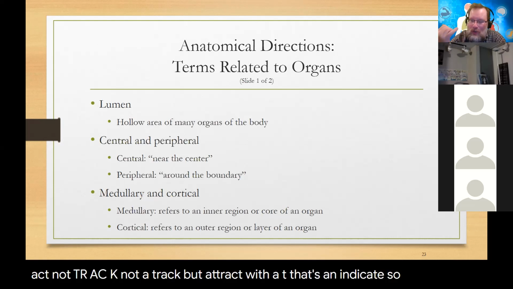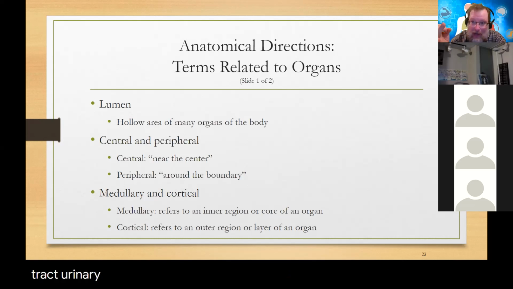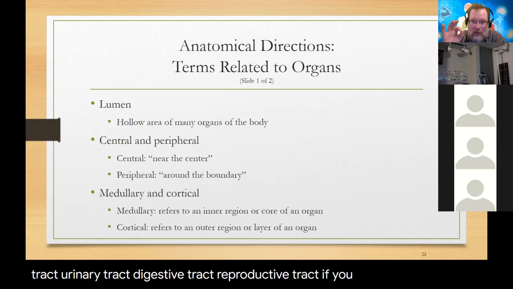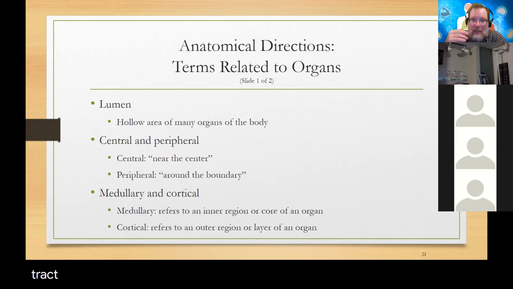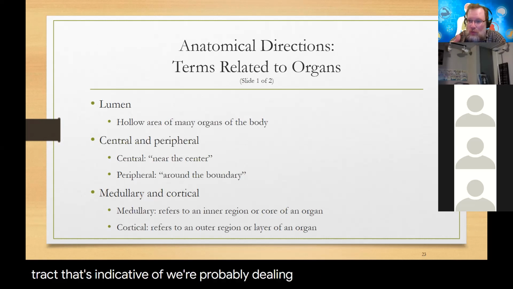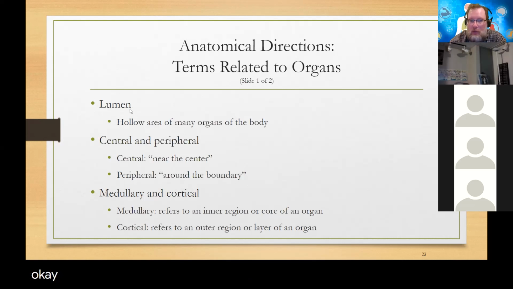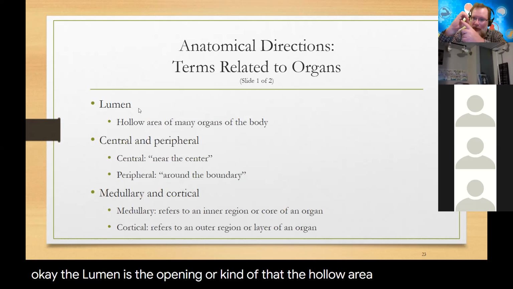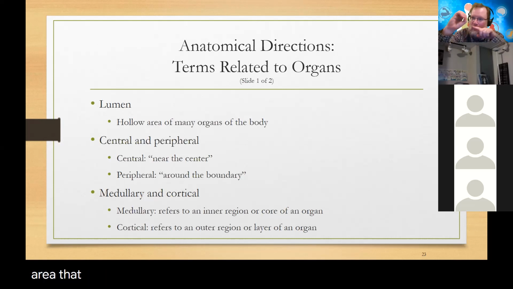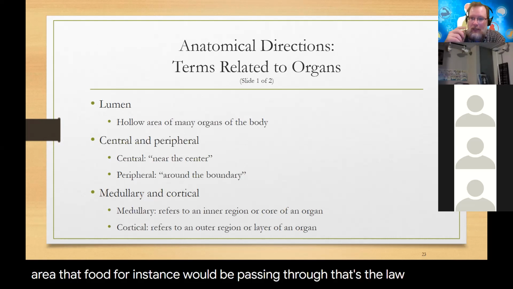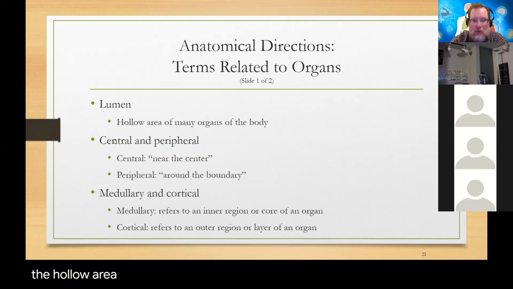So respiratory tract, urinary tract, digestive tract, reproductive tract. If you hear the word tract, that's indicative of we're probably dealing with tubes, okay? Tubes or hoses. The lumen is the opening, or kind of the hollow area of the tube. It's the area that food, for instance, would be passing through. That's the lumen. The hollow area of a tube.